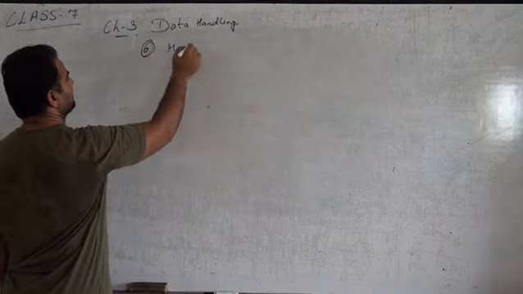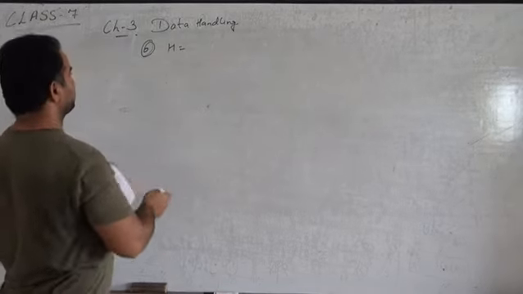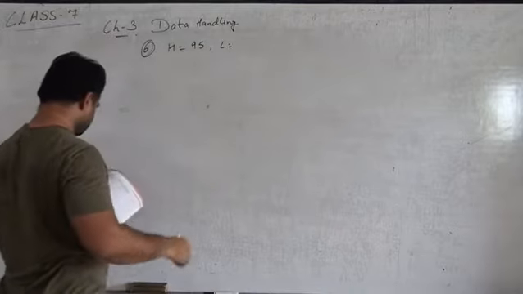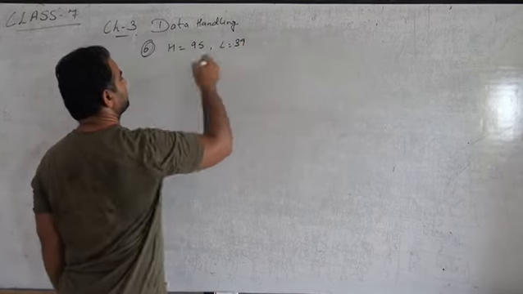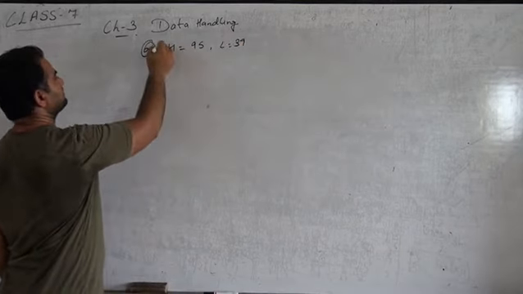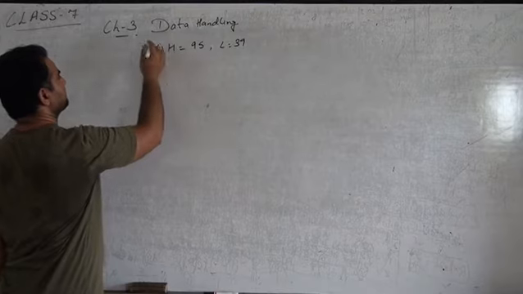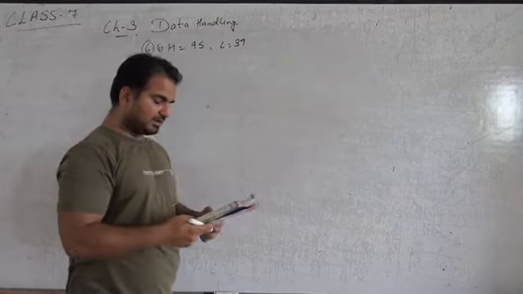First is highest marks. Highest marks is 95. Lowest marks is 39. This is the first question. In the second question we have to find the range.